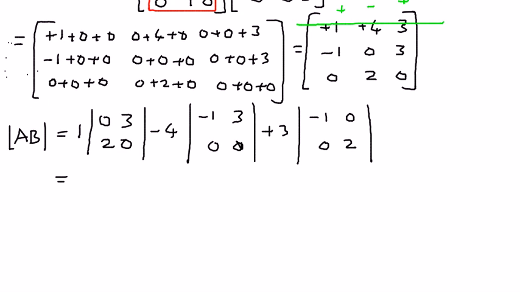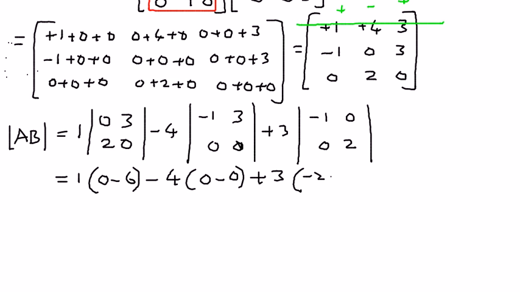So this is going to be 1 times 0 is 0, 2 times 3 is 6 with a negative sign, minus 4 times negative 1 times 0 is 0, minus 0 times 3 is 0, plus 3 times 1 times negative 1 times 2 is negative 2, and 0 times 0 is 0.